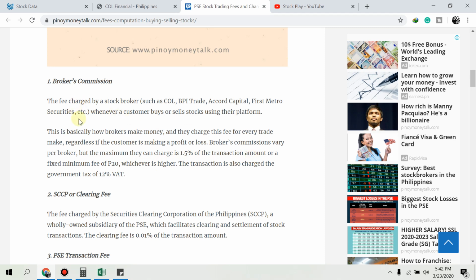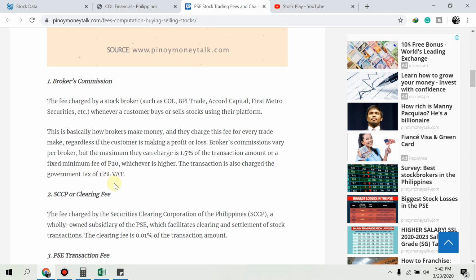Then for number 2, so we have beside this, from broker's commission, so meron pa tayong tinatawag na transaction or yung VAT. The transaction is also charged the government tax of 12% VAT. So, let's say for example, ang broker's commission is nasa 200 pesos. So, syempre, bukod doon, meron pa tayong babayaran na 12% VAT na manggagaling din dun sa 200.